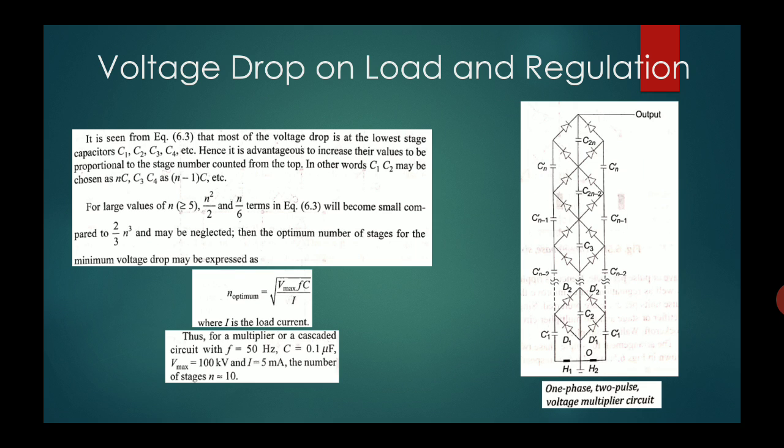Then the optimum number of stages for the minimum voltage drop can be expressed as root over Vmax by Vmax Fc divided by I, where I is the load current. Thus, for a multiplier or a cascade circuit with a frequency of 50 Hz, capacitor of 1 microfarad, Vmax of 100 kilovolt and I as 5 milliamperes, the number of stages would be 10.